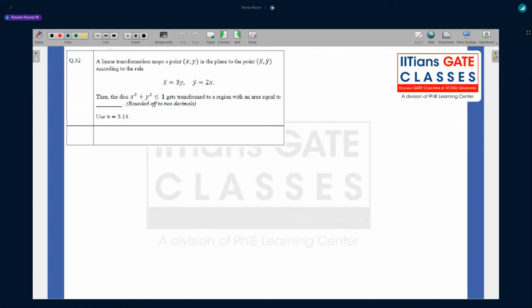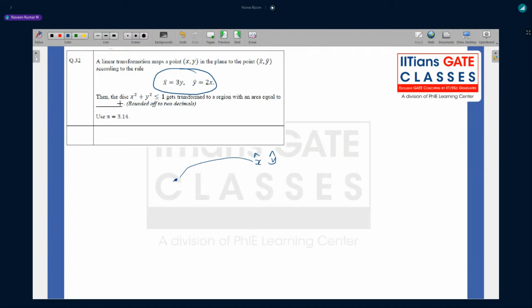Next is here. This question is from transformations. You can say it is from geometry. A linear transformation maps a point x, y in a plane to some other point using some transformation, and that transformation is this.